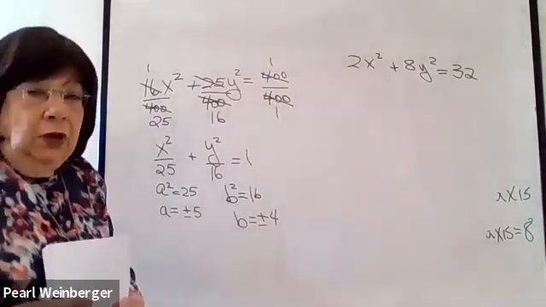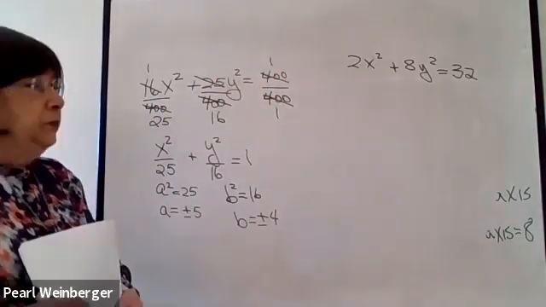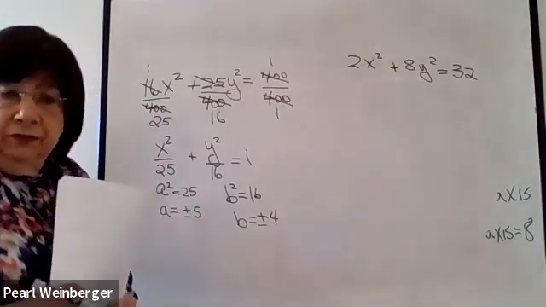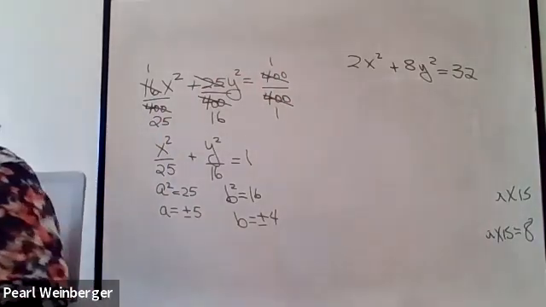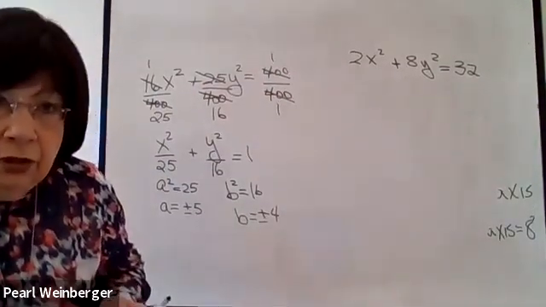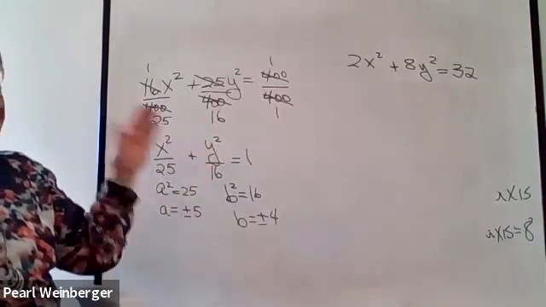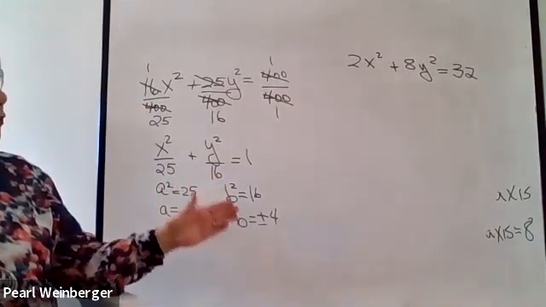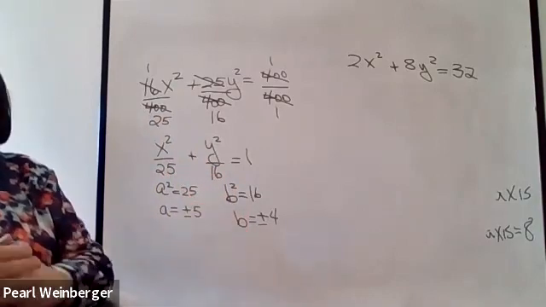I want you to figure out what the x and y intercepts are, and then I want you to sketch it. While you are doing that, I'm going to take attendance. So again, you're going to put it in standard form, find the A's and the B's, and then sketch it.